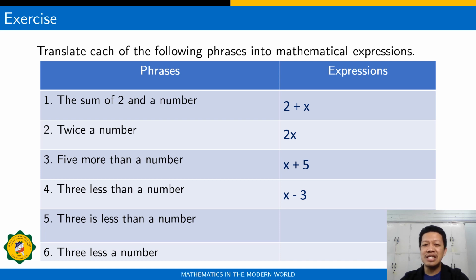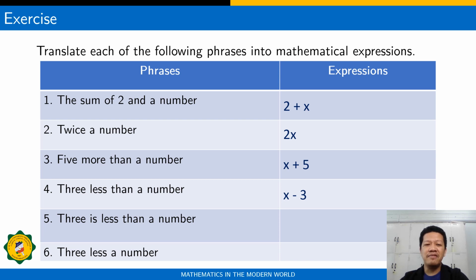For emphasis, if you translate the phrase less than into an expression, you have to reverse the arrangement of the two numbers being mentioned, like 3 less than a number. So you need to write the number first, which in this case is represented by x.